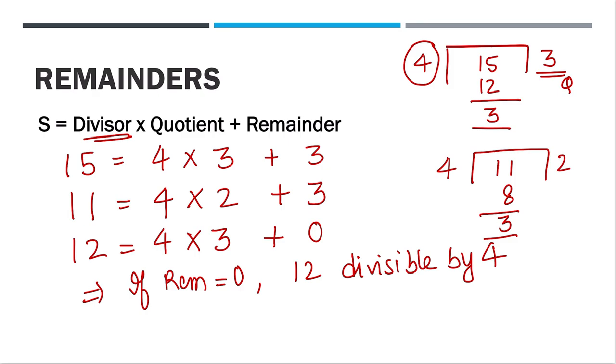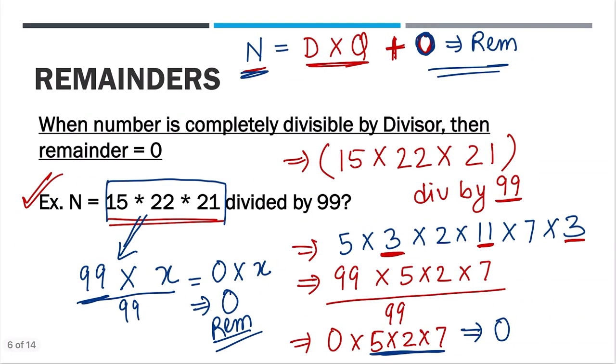Now, if a number is completely divisible by a divisor, then we can say that remainder is 0 or there is no remainder. If the number is not completely divisible by the other number, then we will say there is some remainder left, right? Now we have seen this question 15 into 22 into 21 divided by 99.